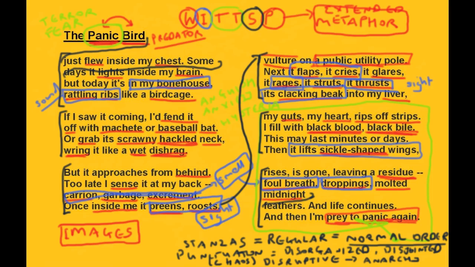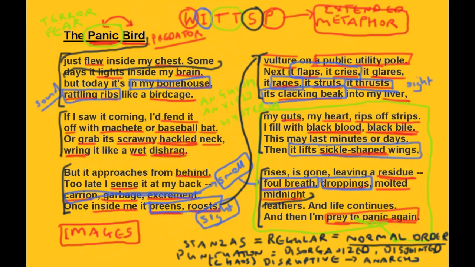It's all about how the poet sees panic, and he's suggesting it's like a bird which, inside of him, creates all sorts of anxiety, hysteria, chaos, and causes him a lot of pain, anguish and terror. And that's how the panic feels to the poet, until he can get rid of it. And then he continues until he becomes prey to the panic attack again.